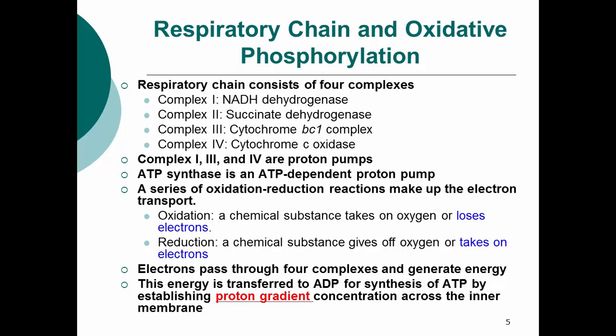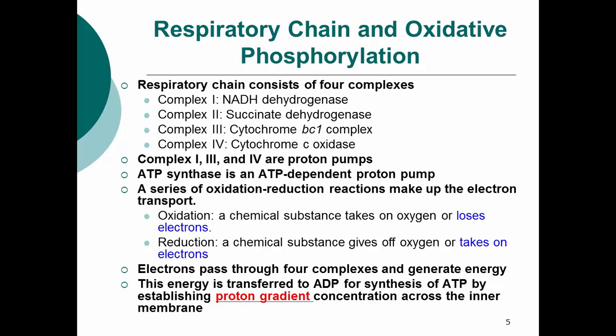So this proton gradient contains energy, right? That means only complexes 1, 3, and 4 can generate a proton gradient, and the energy can be used to produce ATPs.